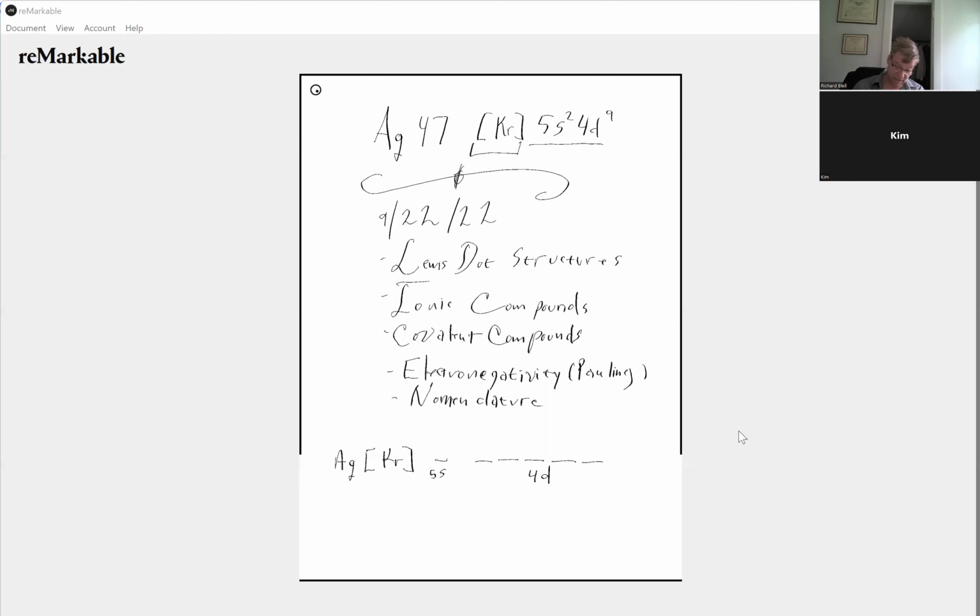So we have 2 s electrons, which I'm going to represent as a spin up and a spin down. And we have 9 d electrons.